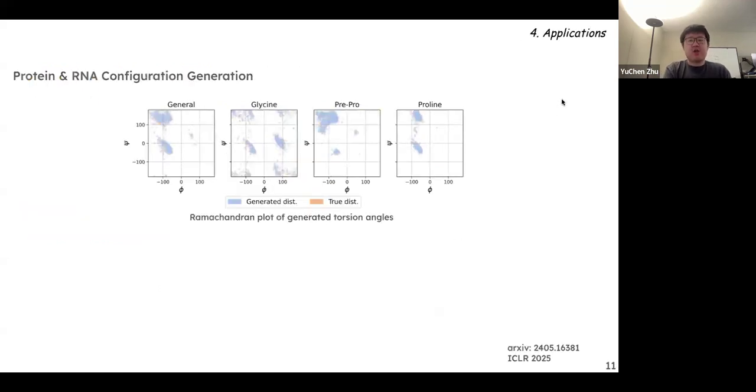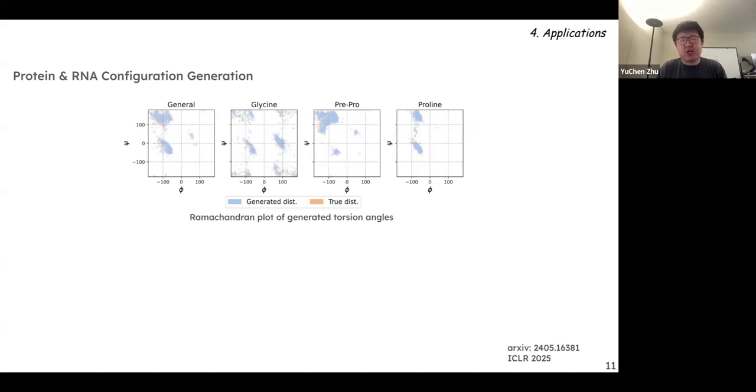So powered by these designs, we can look at some of the applications and good results we have. One important application is to generate protein and RNA configurations. So here I'm showing that we're generating torsion angles. The blue ones are the generated data samples, and orange ones are the true samples.